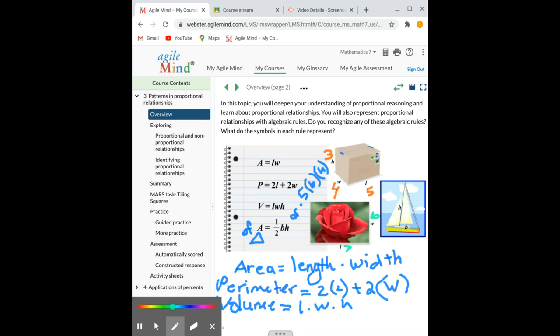Good. So we just need to add them together. So what's 12 plus 14? Good job. Madeline got it right. Madeline, what is the answer? 26. Good.